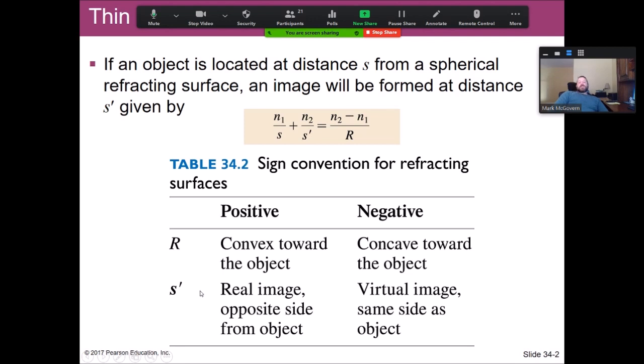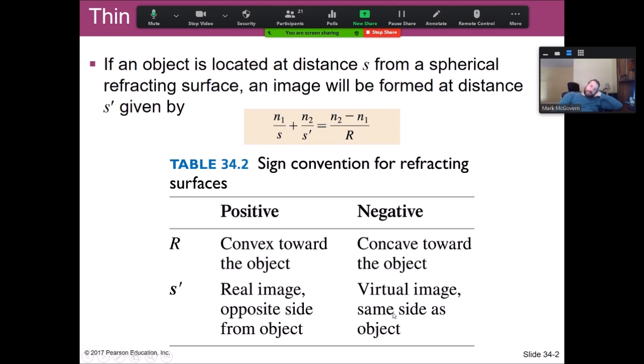When S prime is positive, the image is a real image. That means light actually reaches that area, and it's on the opposite side from the object. So the object's on one side and the image is on the other side. And if it's negative, it's a virtual image. That's always true, by the way. Every time you get a negative S prime, it's always a virtual image, and it will be located on the same side as the object.